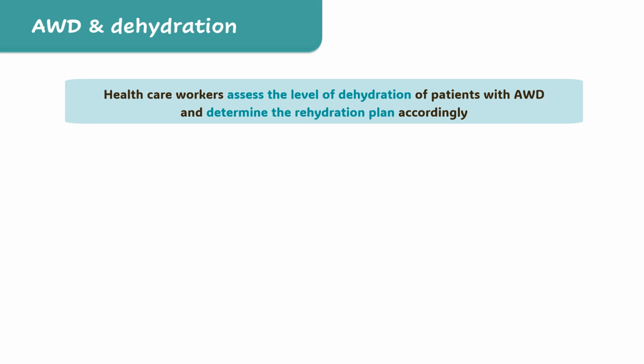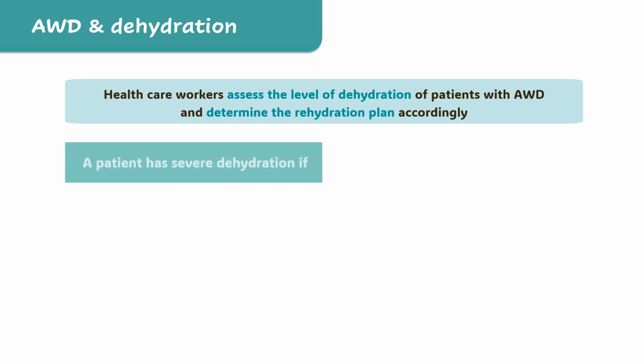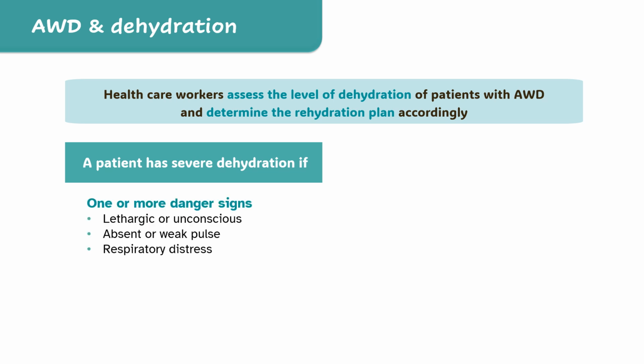It is important to assess the level of dehydration of patients with AWD in order to determine the appropriate rehydration plan. In particular, a patient has severe dehydration if one danger sign or more is present, namely being lethargic or unconscious, or having an absent or weak pulse, or having a respiratory distress.